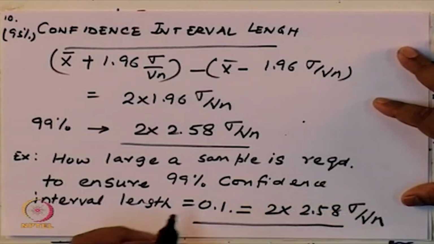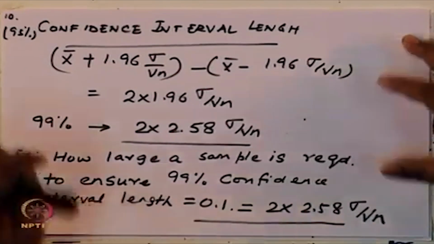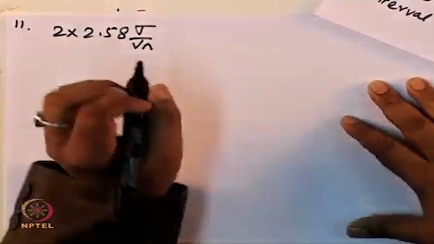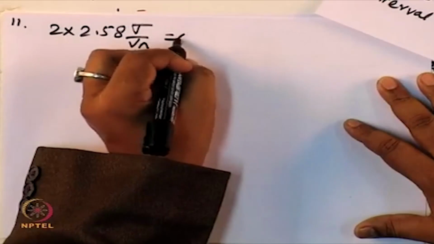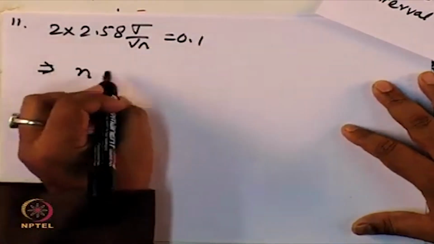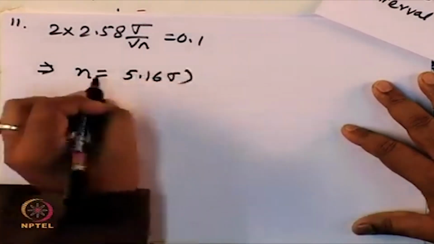Based on this, you have an equation where you have root n. So, from 2 into 2.58 into sigma by root n equal to 0.1, I can calculate n is equal to 5.16 into sigma whole square.